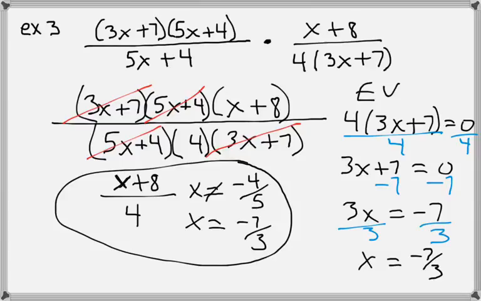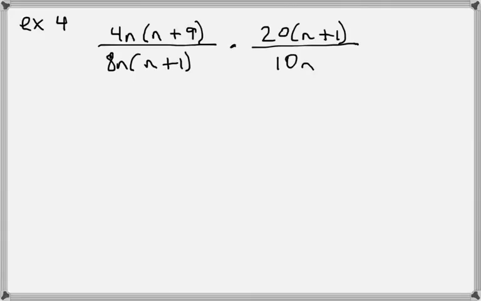Let's look at another example. So in this example, we have a 4n times an n plus 9 over an 8n times an n plus 1, all being multiplied by a 20 times n plus 1 over a 10n. Same rules apply. We're going to take numerator times numerator, denominator times denominator. I haven't really been using color coding, so let's use this example to go ahead and color code.